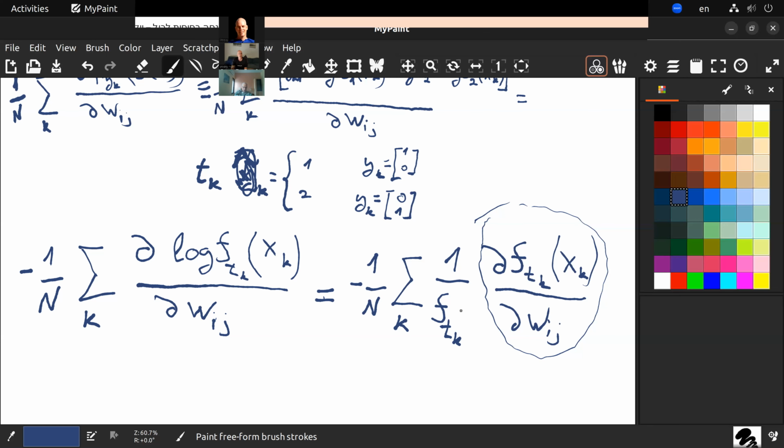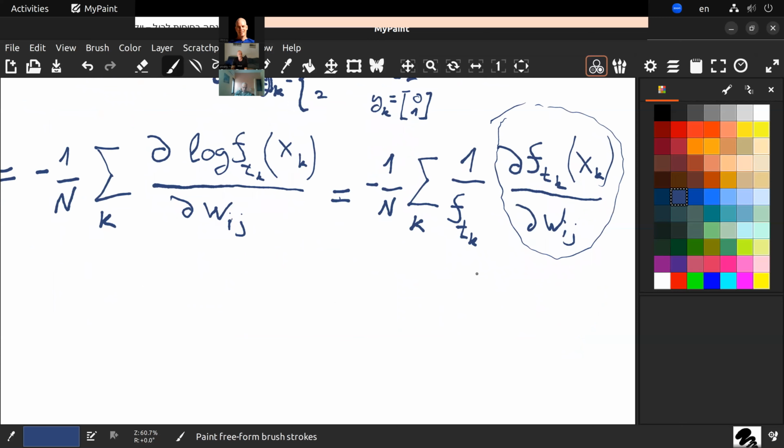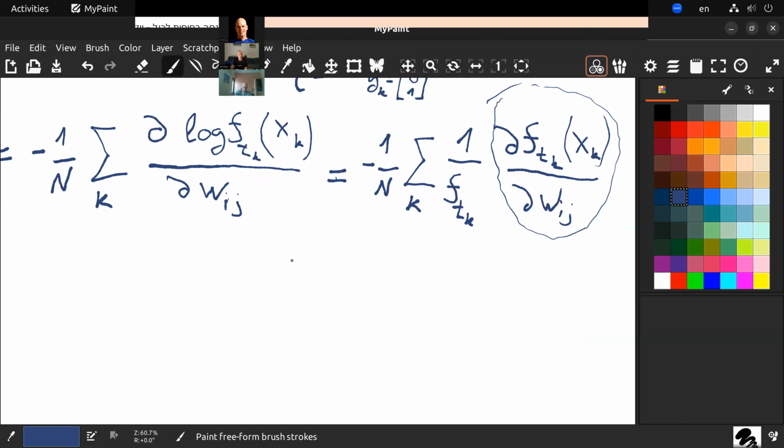What's the next thing? What is e to the something? Exactly. So let's say we have f of w of x_k, which is the softmax, right?